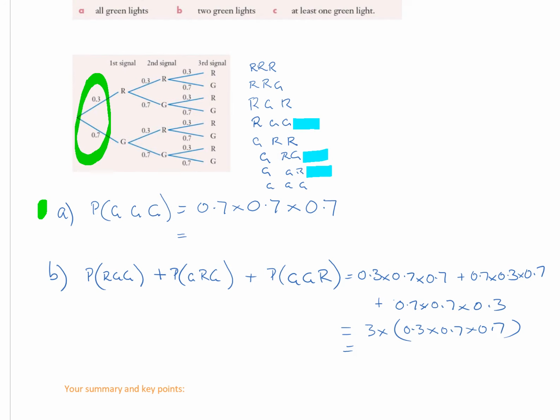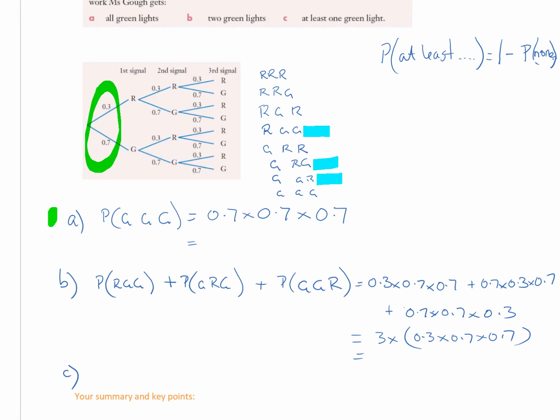C, it's a really common sort of question. At least one green. The probability of at least anything is 1 minus the probability of none. So the probability of at least 1 is 1 minus the probability of none, and please add this to your summary and key points.